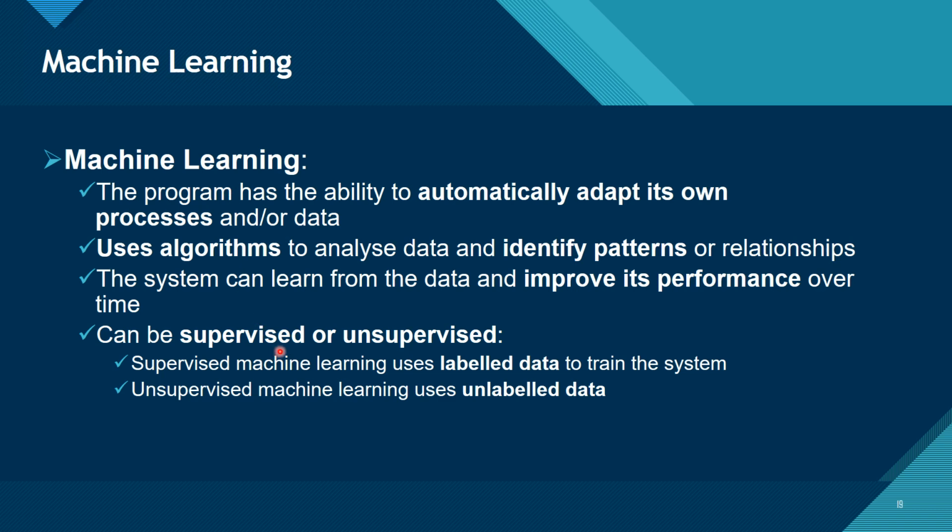Machine learning can be supervised or unsupervised. Supervised machine learning means it uses labeled data to train the system. But in unsupervised machine learning, we do not use any labeled data. It is used on unlabeled data.